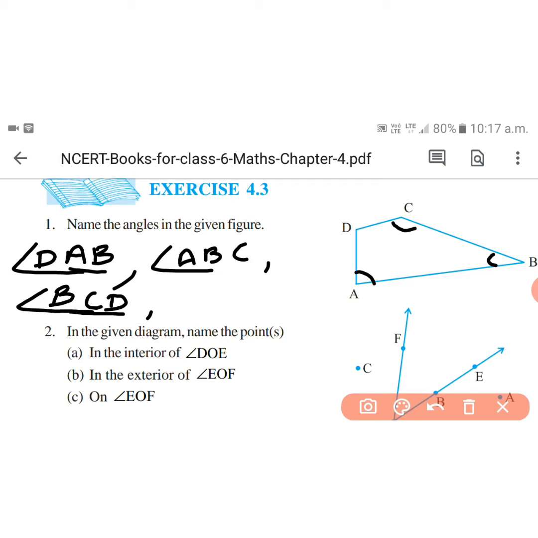To write angle D, we write it as angle CDA. So the 4 angles are angle DAB, angle ABC, angle BCD and angle CDA.